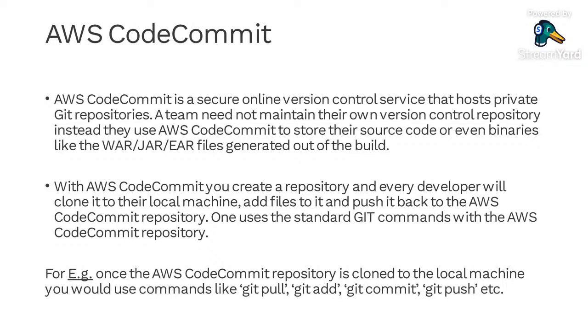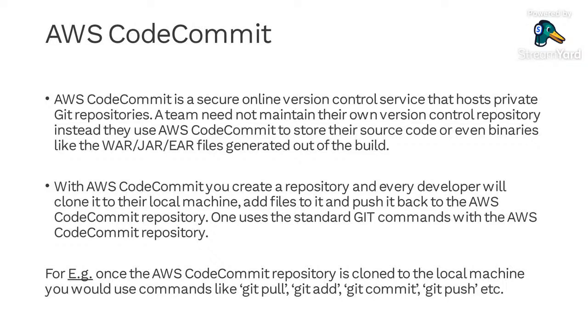And once the binaries are generated out of the build from your source code, we can keep them in our storage. With AWS CodeCommit, we can create a repository and every developer can clone that repository. They can create their own branch and push the branch also.